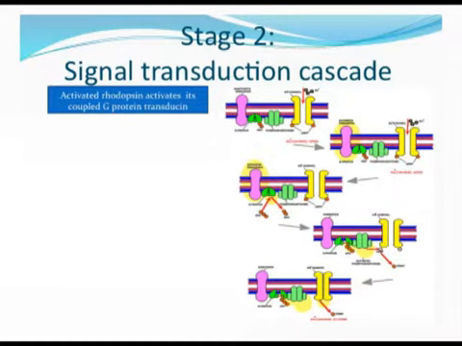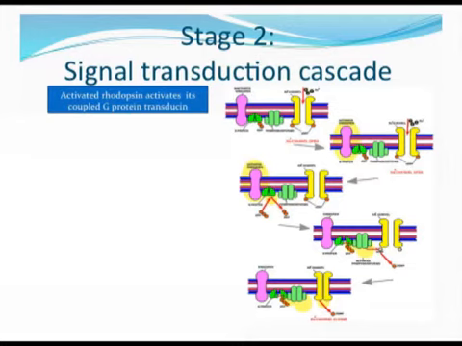So let's go on to stage 2 of phototransduction, the signal transduction cascade. Now this is quite a complicated process, as it involves a number of different molecules and signalling cascades. So we have our activated rhodopsin molecule, which is coupled to the G protein transducin. When rhodopsin is activated, it also activates the G protein that it's coupled to.